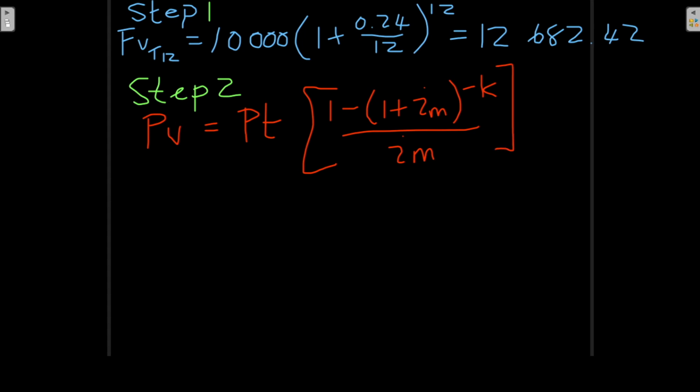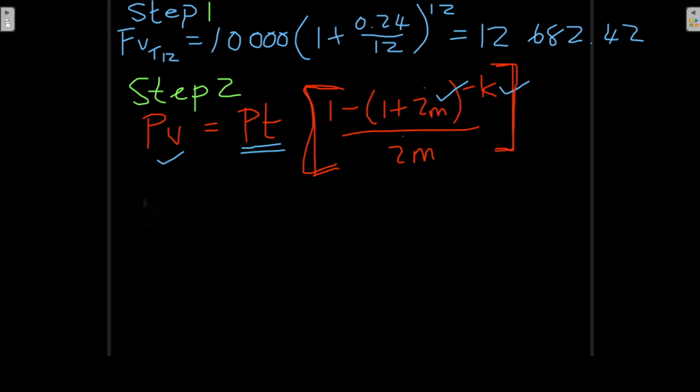In this case, I have the present value, I have the interest rate, I have the number of payments, and I would like to get the value of the payments. So we can take the present value and divide it by this whole factor to get to the payment.